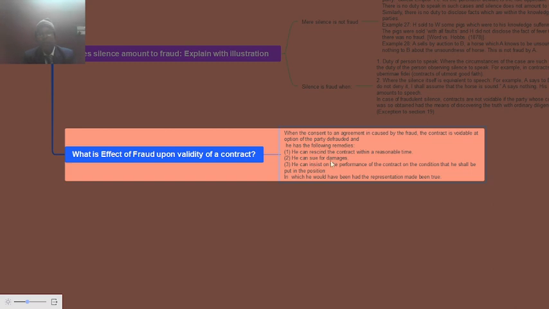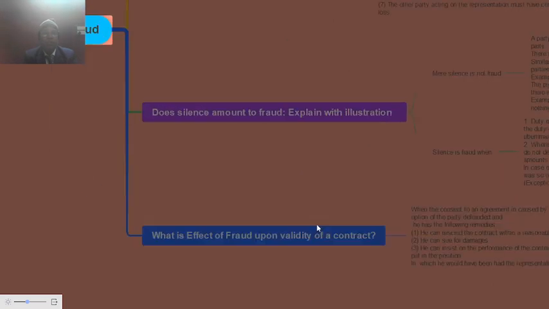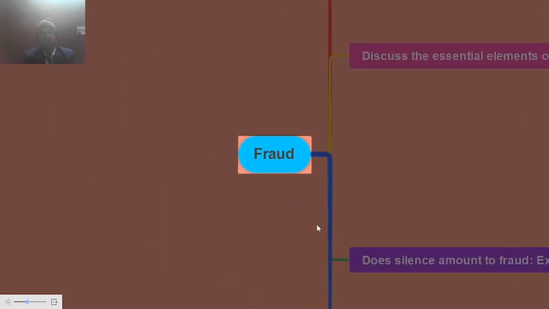Number two, he can sue for damages. Number three, he can insist on the performance of the contract on the condition that he shall be put in the position in which he would have been had the representation made been true. So this is the answer to the question related to fraud.